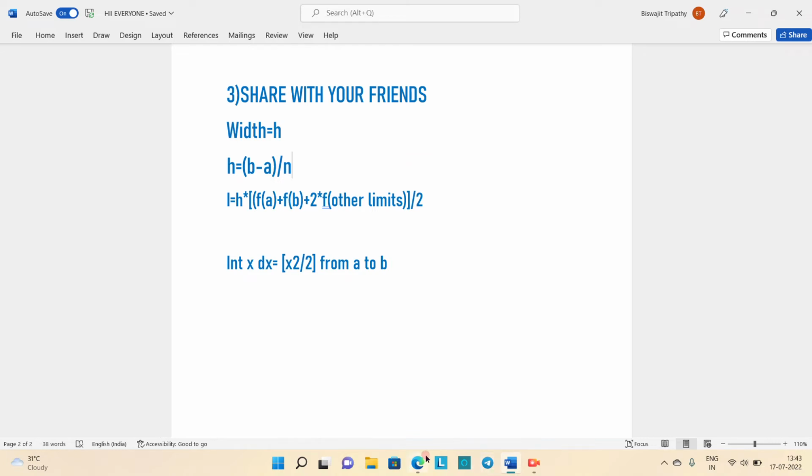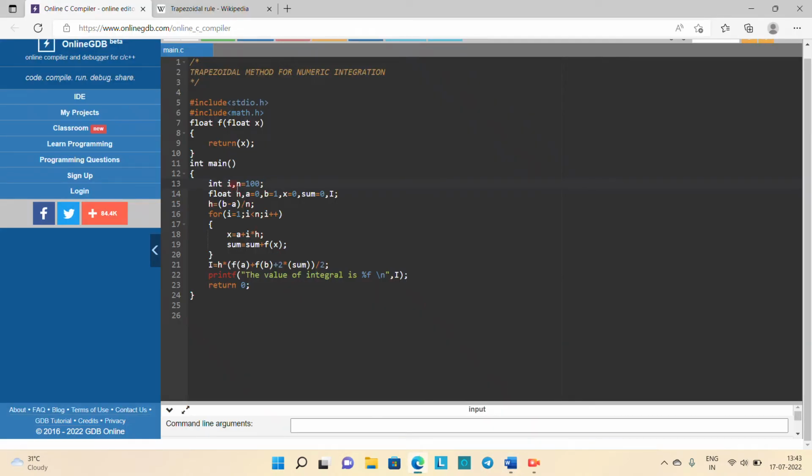You have two kinds of programs. You can just write n here, not give any value for a, b, x, sum, and write printf and scanf again. But I don't like that kind of program. I like to give every input here in the program itself. So we will declare a variable called i. Then we write n equal to 100.